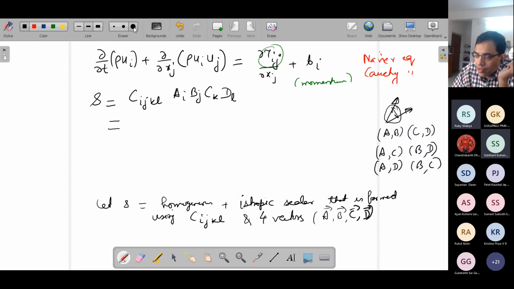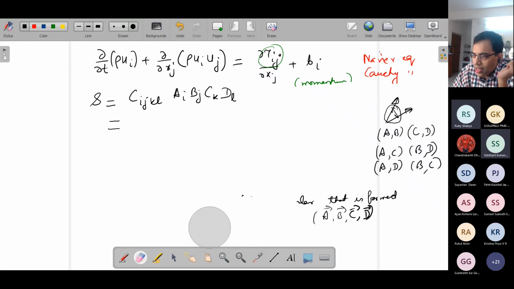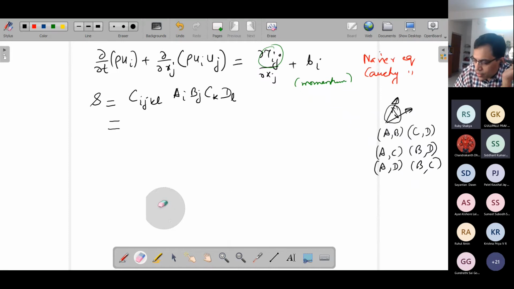If you have 2 vectors, say A and B, that dot product is represented by the summation of the products of the corresponding components, that is A1 B1 plus A2 B2 plus A3 B3. In index notation, it is AI BI, which is a summation because it's a repeated index.